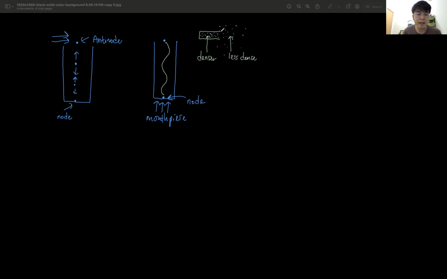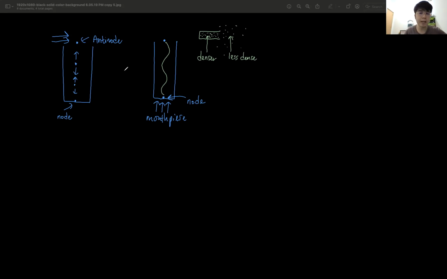So it forms an imaginary wall between the denser medium and the less dense medium. And as the wave travels, when it goes from denser to less dense, there will be reflection. Not much, but there will be reflection. Same if the wave travels from less dense to denser.